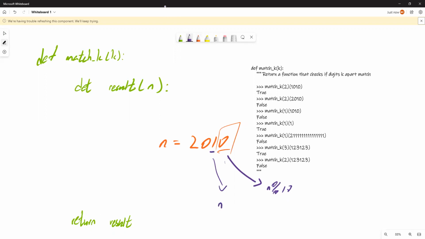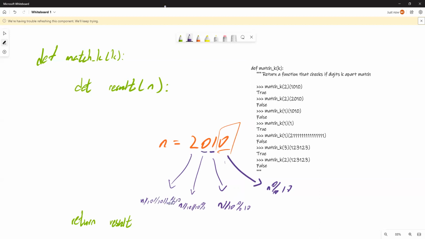We use n divided by 10 and then % 10. And how about this one? n divided by 10 again, and then % 10. Same idea here: divide by 10, divide by 10, divide by 10, and % 10.